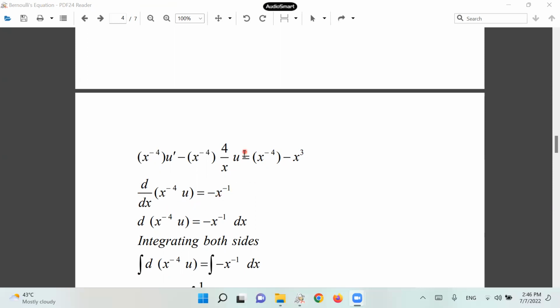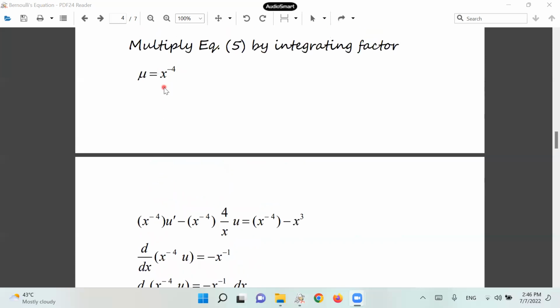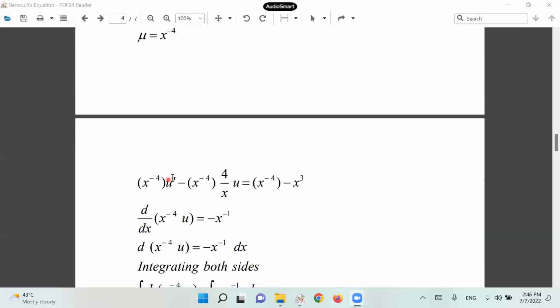And this we can always write in the concise form, like d by dx of the integrating factor x power minus 4, multiplied by u. This is the derivative of these functions: the integrating factor multiplied by u, whatever the variable is.